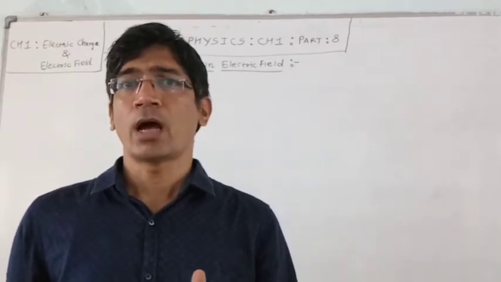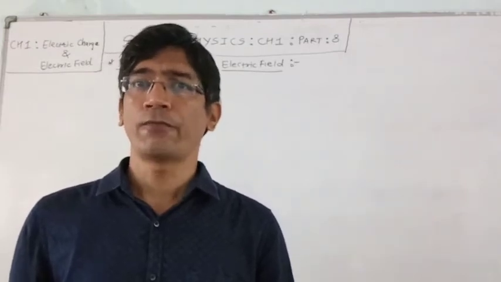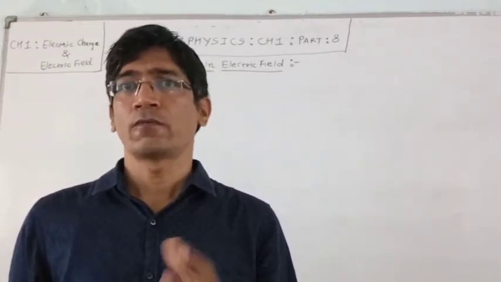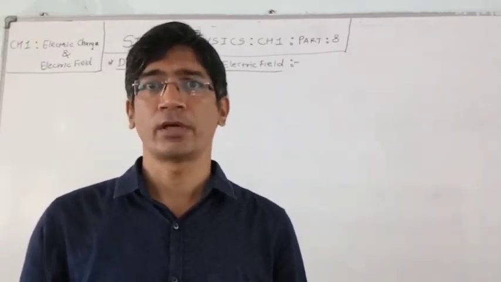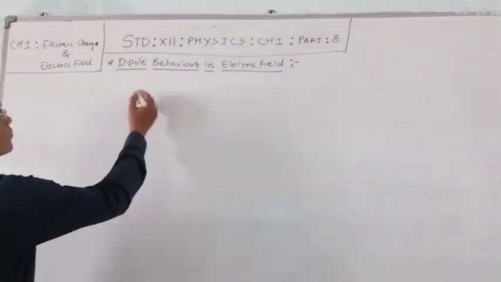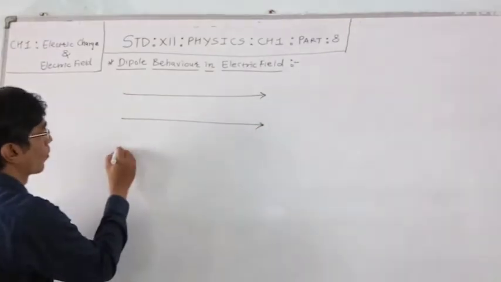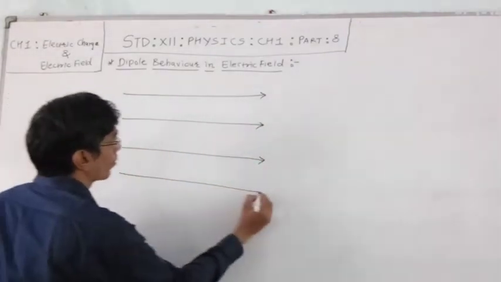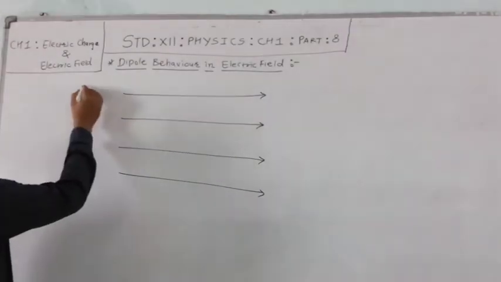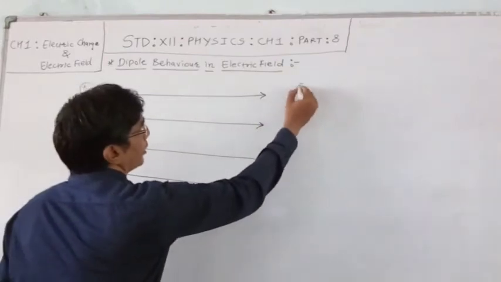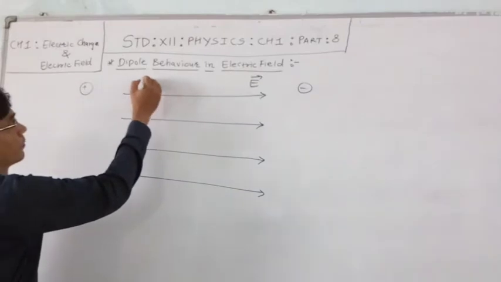Now let us see how the electric dipole behaves when it is kept in a uniform electric field. We can draw one rough diagram and check its behavior. Here we are taking electric field lines which start from the positive polarity and end at the negative polarity; this is the uniform electric field.